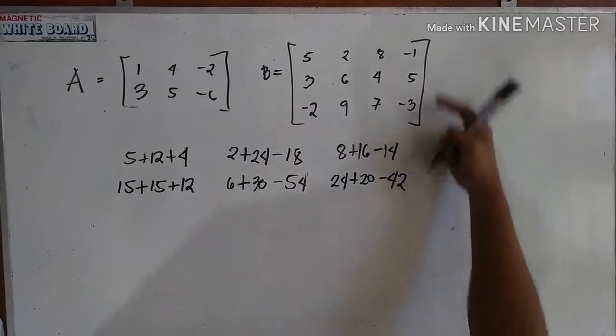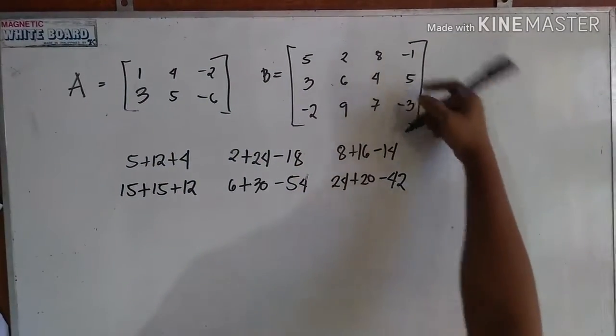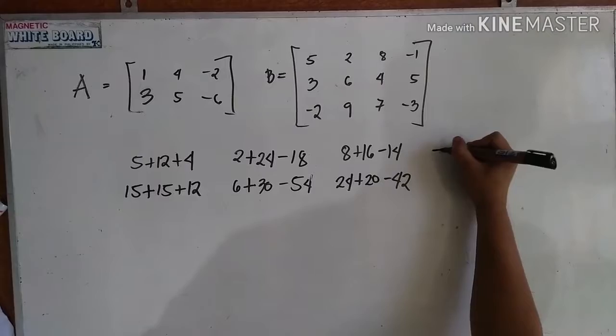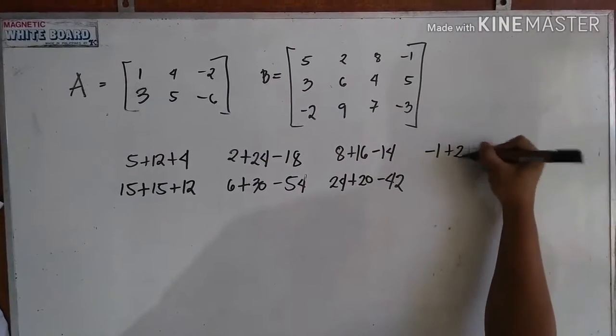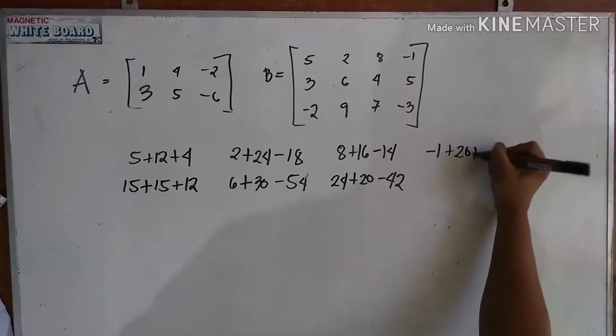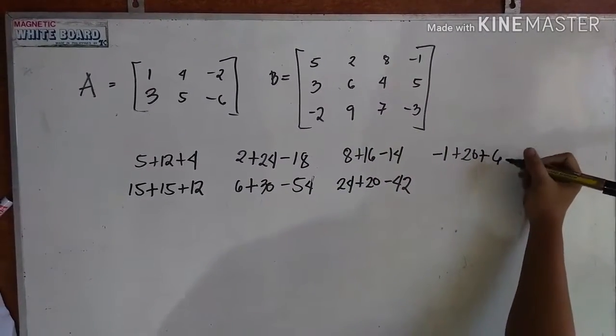Now let us proceed to the last column. So 1 times negative 1 is equal to negative 1. 4 times 5 is equal to 20, plus negative 2 times negative 3, which is equal to 6.